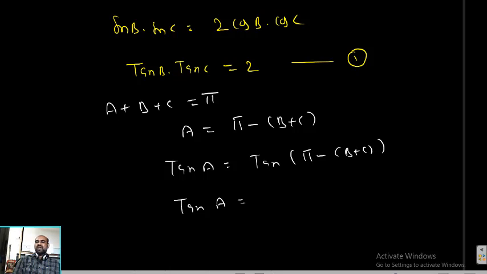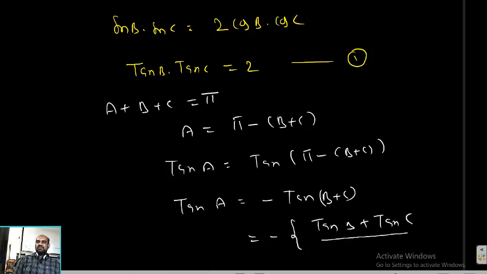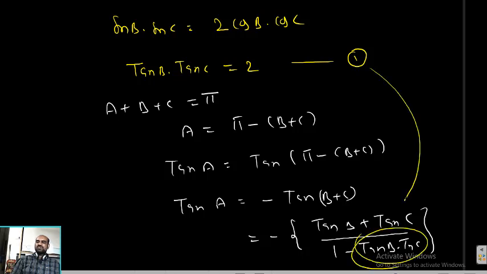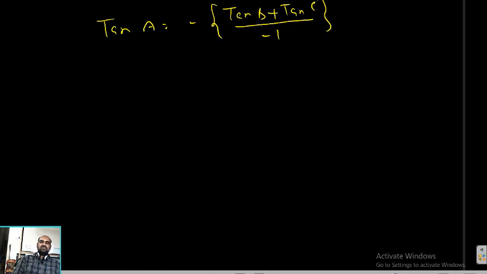Tan A equals tan of 180 minus theta, which is minus tan theta, minus into tan B plus tan C by 1 minus tan B into tan C. Students, instead of this I can write 2 from this. So what we will get, I will write tan A equals minus tan B plus tan C by minus 1. From 1 I can write like that.